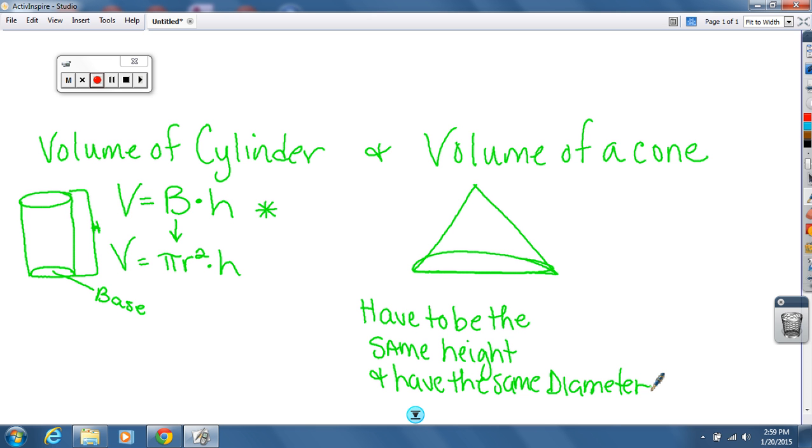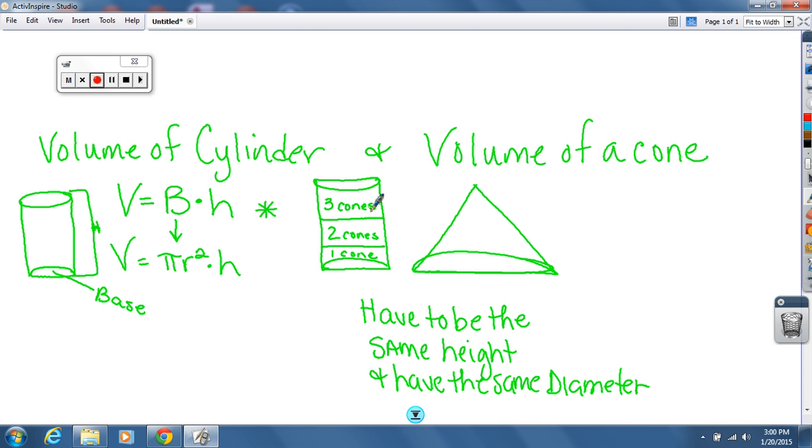So if you took this cone and you started to fill up the cylinder, 1/3 of it would be 1 cone. Is that a third? That's kind of short of a third. 2 cones, and then 3 cones. So it takes 3 cones to make 1 cylinder.